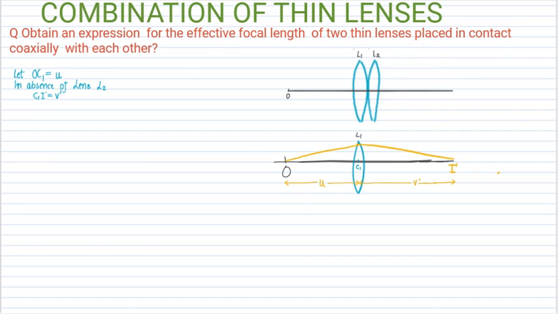In that case, using the thin lens formula, 1 by focal length f1 equals 1 by image distance V dash minus 1 by object distance u. So this is your first equation.